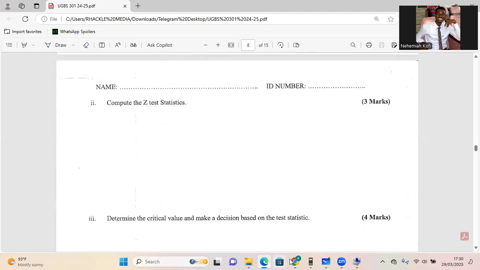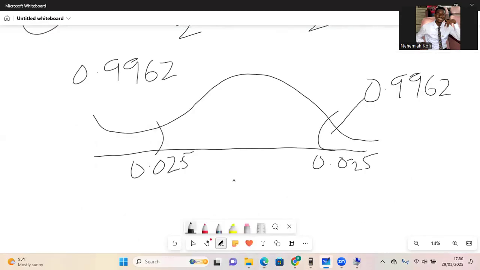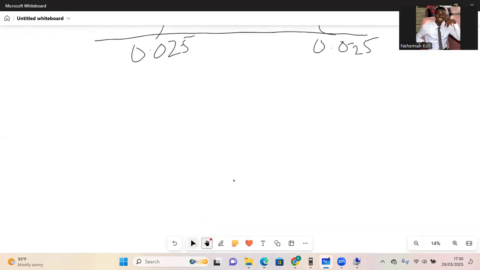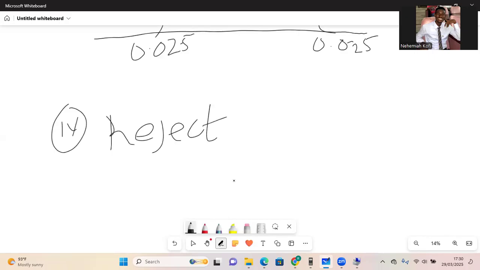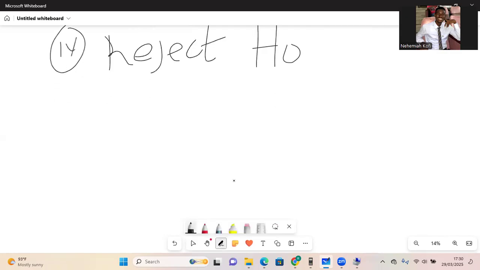So our decision will be that Z rejects H0. And because rejection is in the difference region, the conclusion will be that there is a difference between the glucose levels.